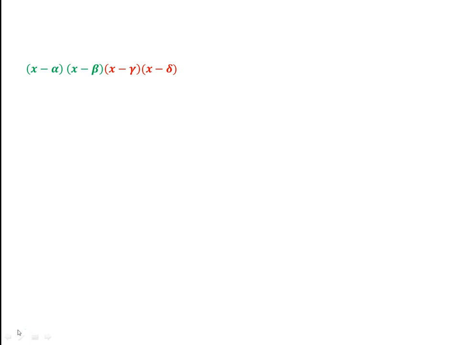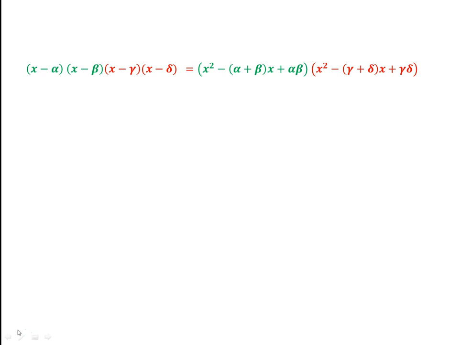If you multiply x minus alpha by x minus beta, then we obtain x squared minus (alpha plus beta) times x plus alpha beta. And we get a similar expression if we multiply out x minus gamma times x minus delta.